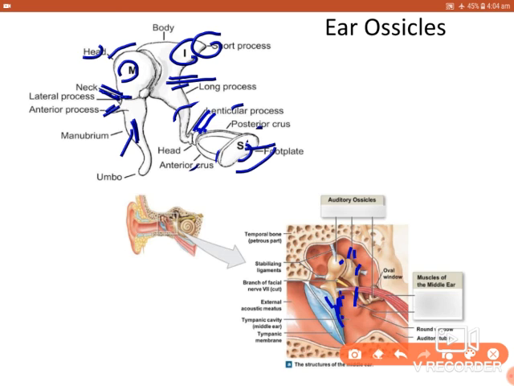Then see the stapes here. The footplate is attaching to the medial wall of this middle ear. Then in relation to these bones, we can see two muscles. This is the tensor tympani, coming and attaching to the handle.